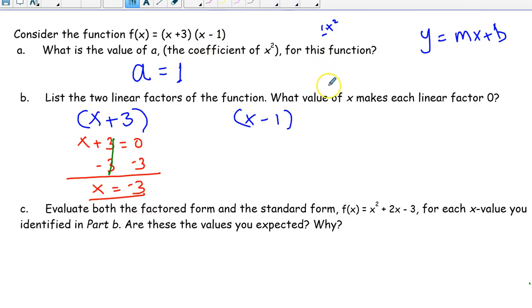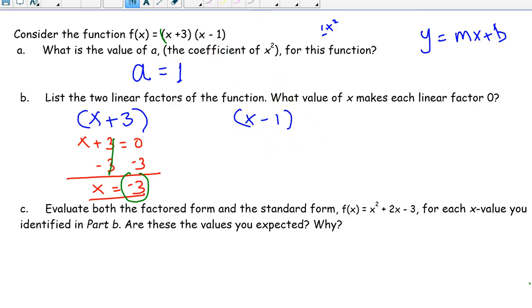This x equal to negative 3. What value of x makes the linear factor 0? That is, on replacing this x with negative 3, x plus 3 gives us 0. Same way here, if this is 0, the whole thing will become 0. 0 times any number gives you 0.